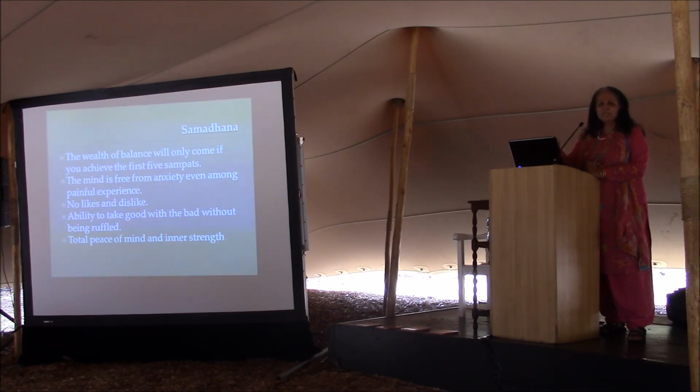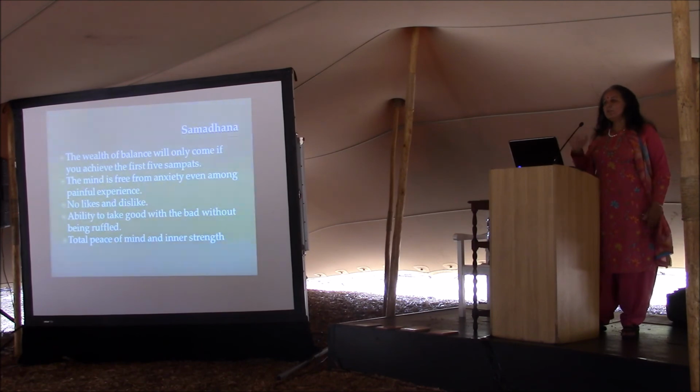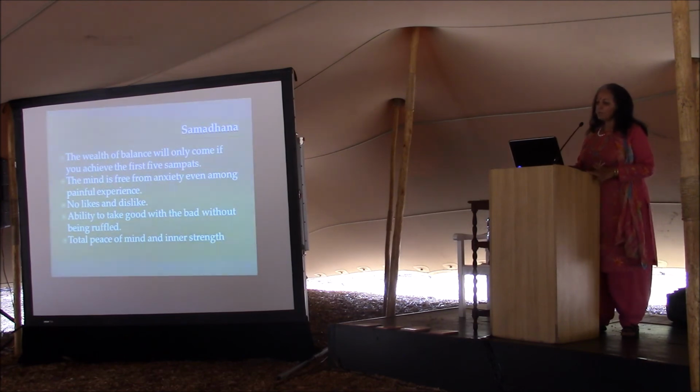He didn't teach me this, but he taught me through words, and when I had my second time of issues, dealing with these concepts helped me deal with difficult transits. Because the attitude is different. Basically, it's the attitude that you develop and you work with. So it is the ability to take good with bad without being ruffled, total peace of mind and inner strength.